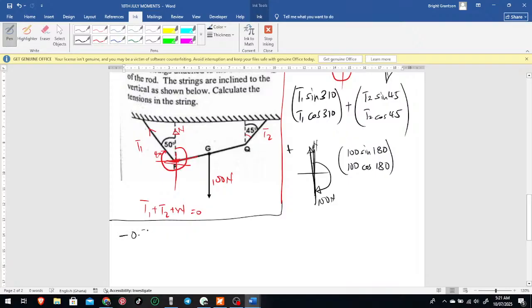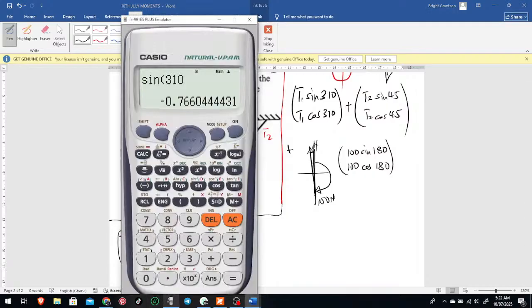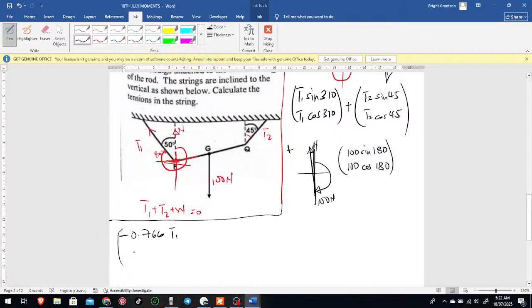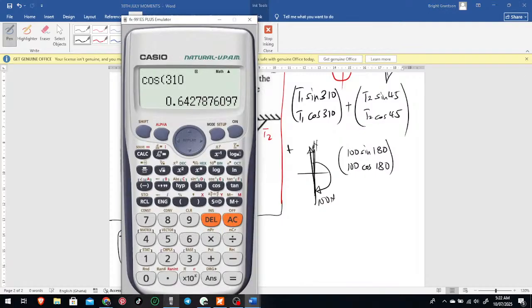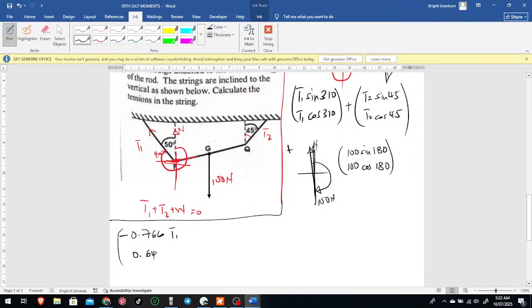Negative 0.766 T1. And the other part, cos 310, is 0.64278, about 0.64 T1, plus sine 45, root 2 over 2.